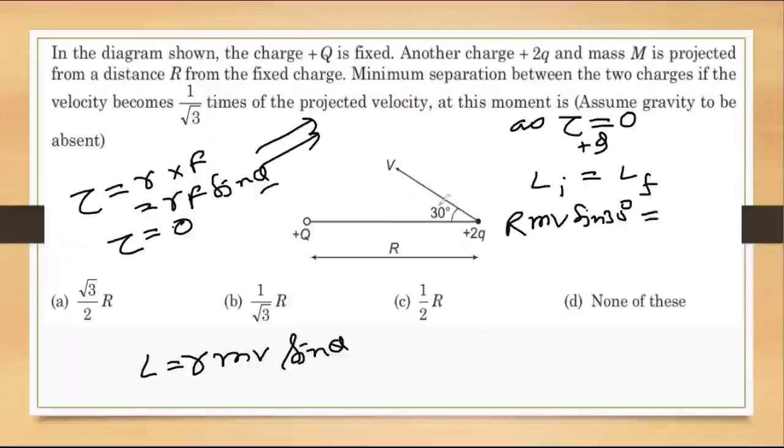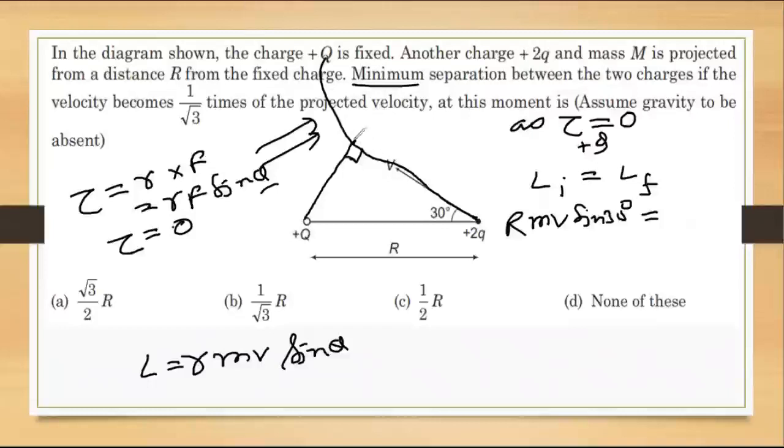Now, very important: when it is at the shortest separation, the minimum separation, this line should be perpendicular. Because if it is not perpendicular, either the point is coming closer or it is going away. But it is saying that it is shortest, minimum, so that length should be perpendicular only.